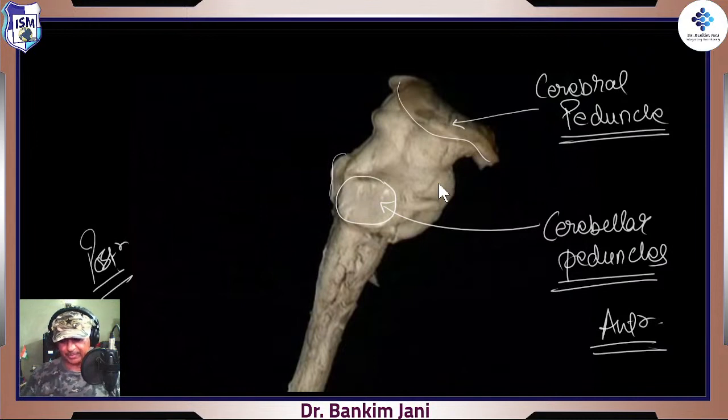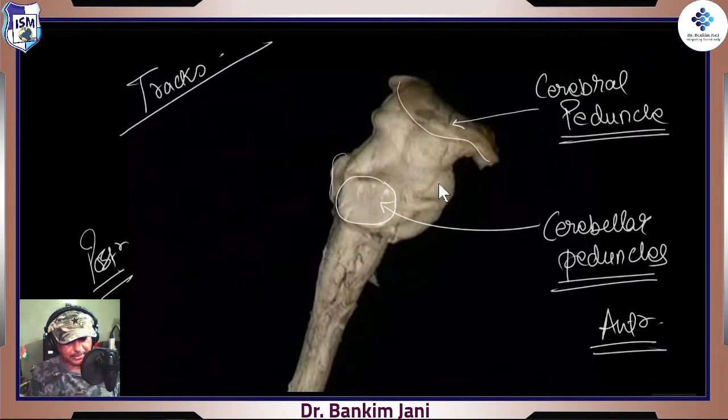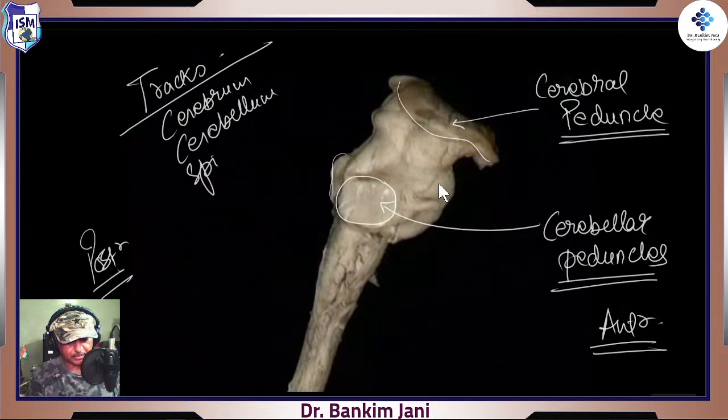Big tracts are coming and constantly telling, "acha ye suna, ye dekha." All those things are coming over here. So this means it would be consisting of tracts, and these tracts are connecting the cerebrum, cerebellum, and the spinal cord, right?